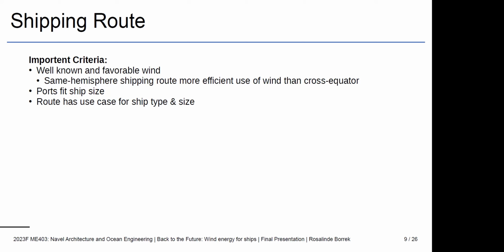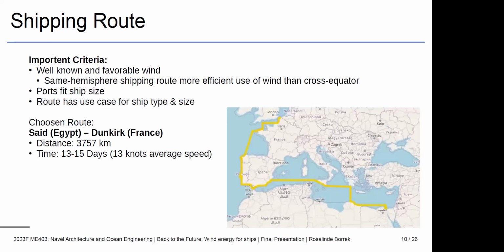We then decided to go with a shipping route through the Mediterranean Sea, because this is a route where a lot of ships, of a lot of different sizes and different uses pass through, including those of our use case. And more in detail, we then chose a route which goes from the site in Egypt to Dunkirk.